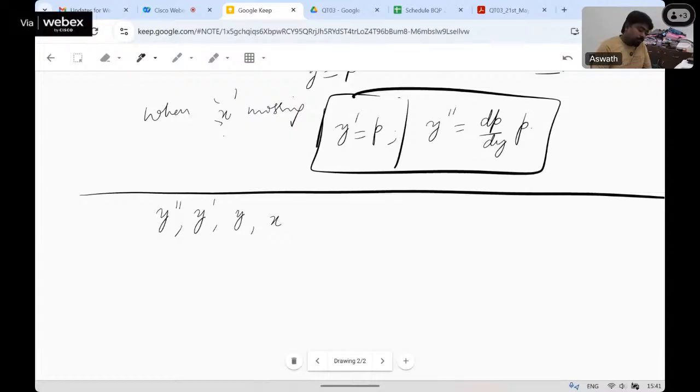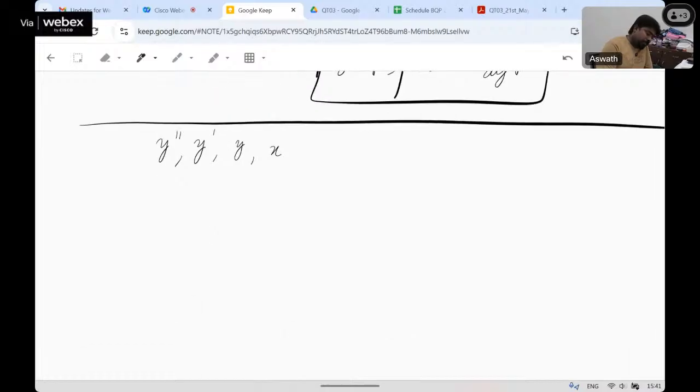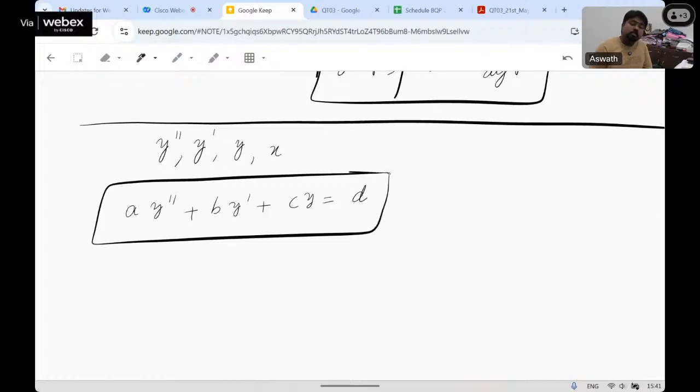So let me take a simple example: say there is a y double dot plus y single dot plus y is equal to d. All constants are there, a linear differential equation.